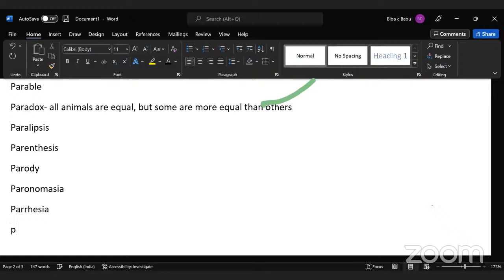Next is fetish. Fetish is an imitation of another writer or another writer's book. You are respecting someone in order to give an honor. For example, you might have seen when some famous musicians or writers or filmmakers die, you make a tribute to them.